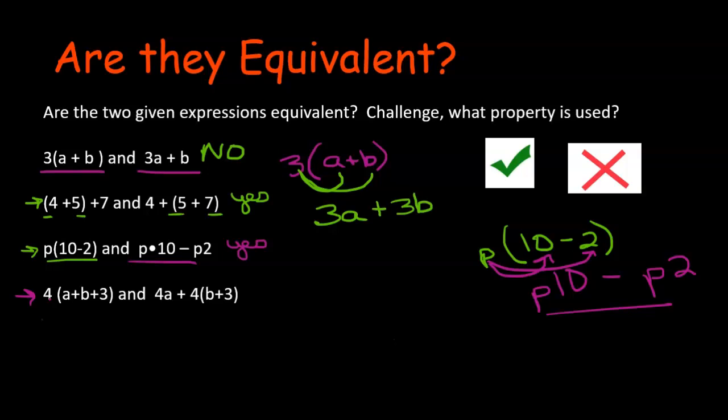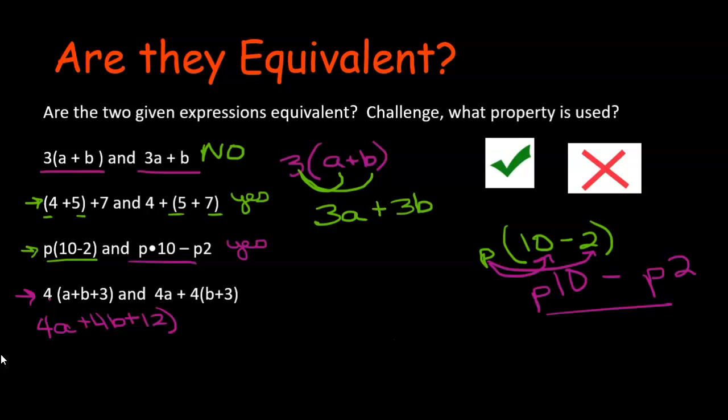We can do 4A, 4 times A plus 4B plus 4 times 3 is 12. Okay, that's how we distribute it.